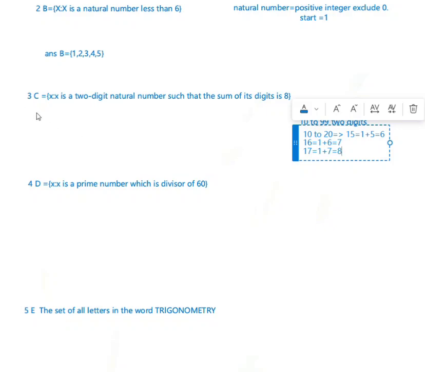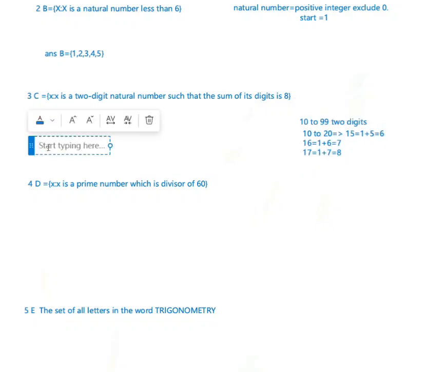So let's write here. 80 is the first, and if we think higher, 20 to 30, then 26 is the number, because the sum of digits is 8: 6 plus 2 is 8. If we think 30 to 40, then 35.